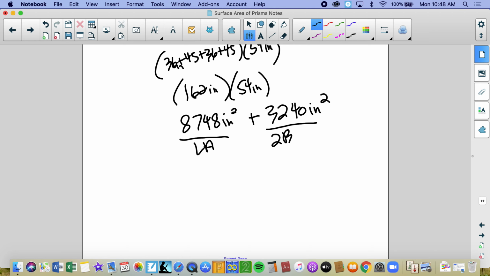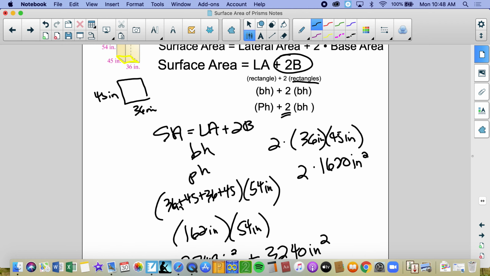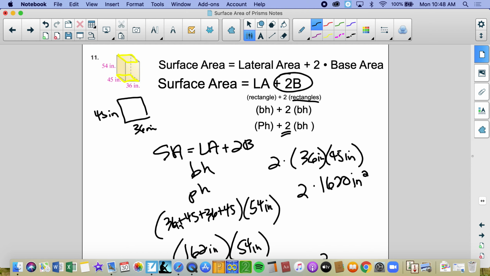And let's add those two together, 8,748, and we get 11,988 inches squared. The surface area of this object, meaning the skin of the object, big difference between volume.